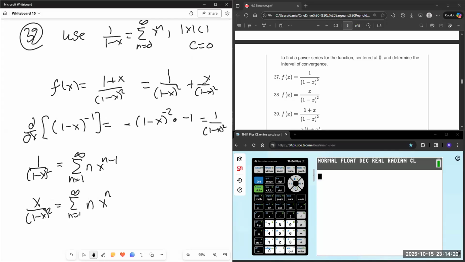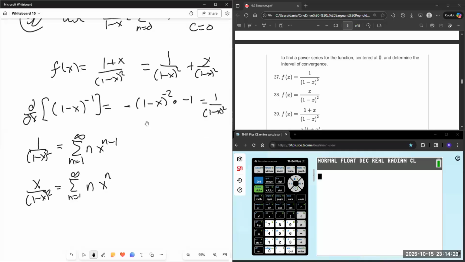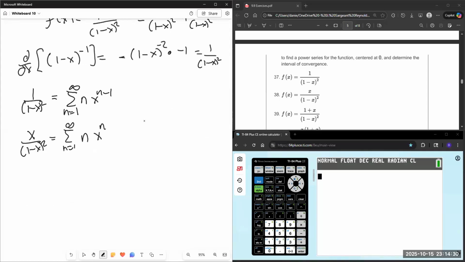Now I want to add those series together and do a little bit of math that may seem magical to you, but I'll explain what I'm doing. This is important to do for differential equations when we get series solutions there. So I'd like both of my terms to start at the same power and to start at the same index.